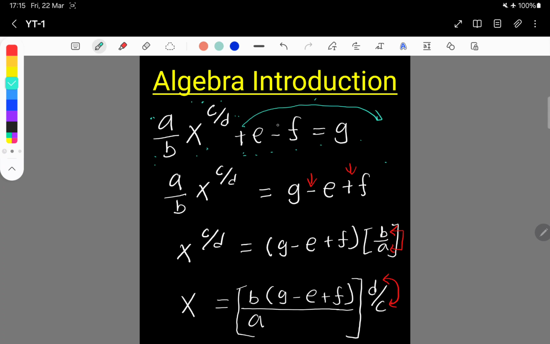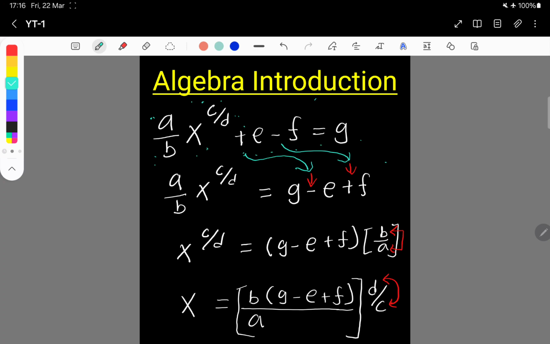And the negative f you can also move to the right hand side, so it becomes positive. I repeat again: you move the positive to the right hand side so that it becomes negative, and the negative to the right hand side so that it becomes positive. This is the first step.